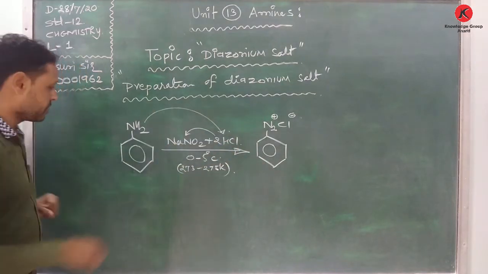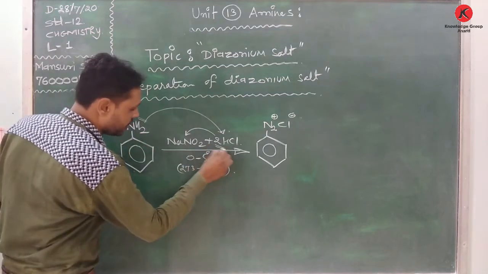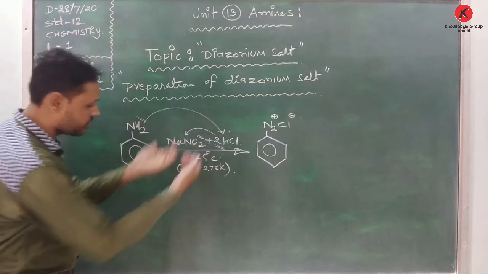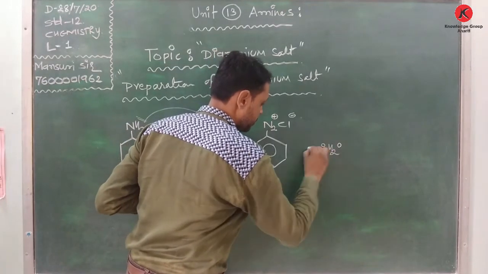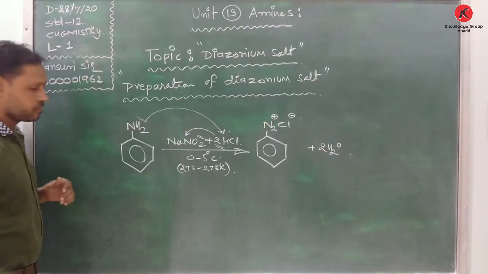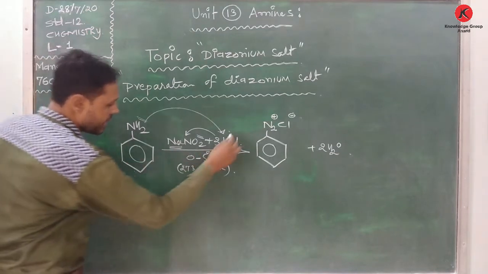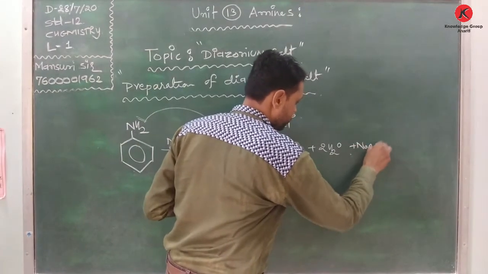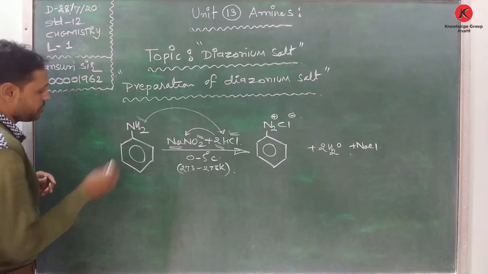How is it possible? Now here 2 hydrogen reacts with 2 hydrogen and 2 oxygen. Hydrogen and oxygen will be removed, so water will be removed. Thereafter here Na and Cl will be removed, so NaCl will also be removed. Now, what is the remaining part of this compound?